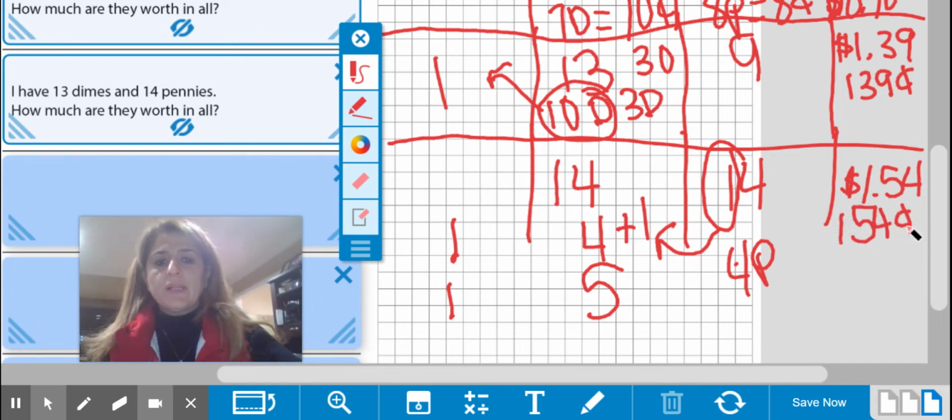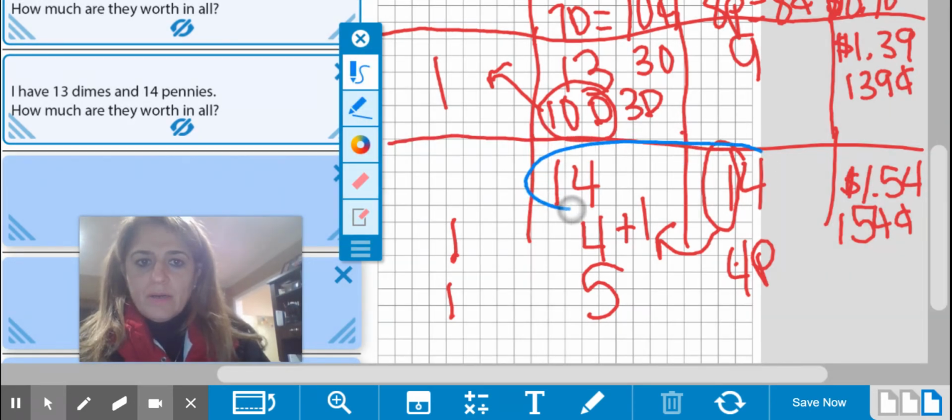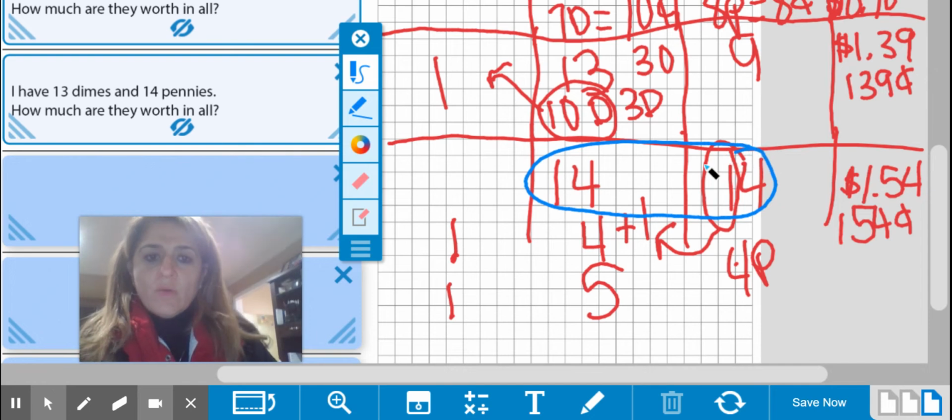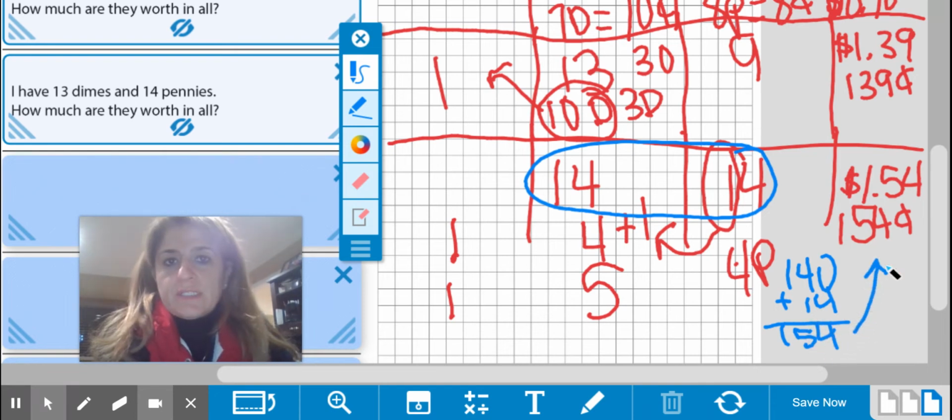So even if we left it like this, we know 14 dimes is 140 cents and 14 pennies is 14 cents, and we add them up, we still have 154 cents like we did over there.